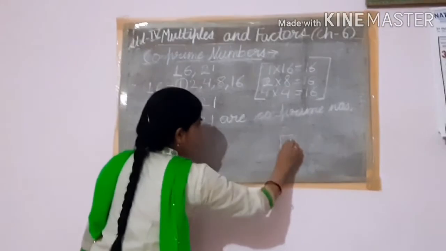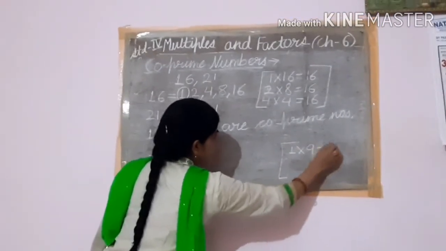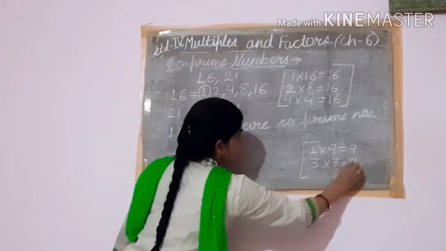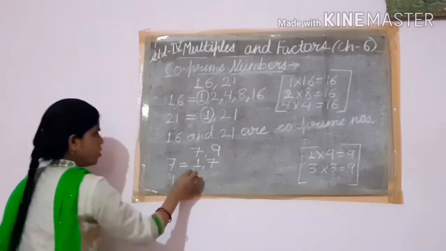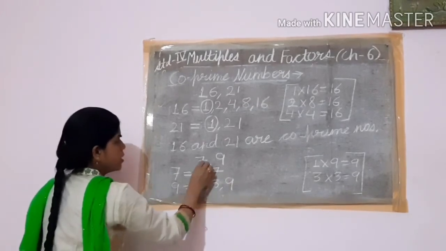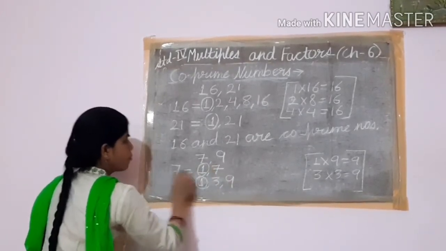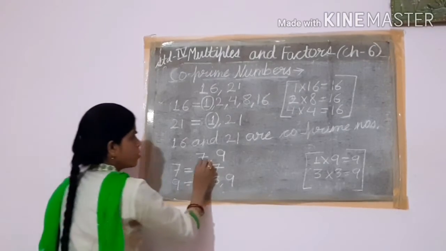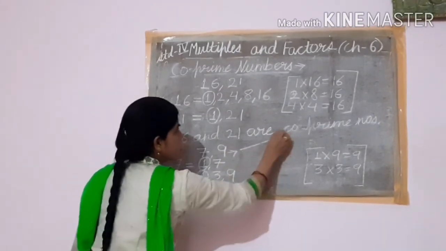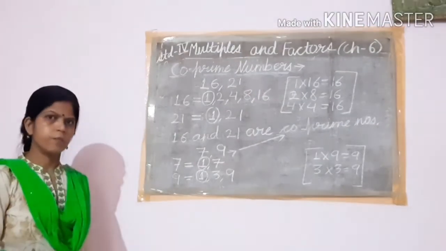Write down. 1 9s are 9, 3 3s are 9. So write down 1, 3 and 9. Common factor is 1, only 1. So 7 and 9 are also what? This is also co-prime numbers.